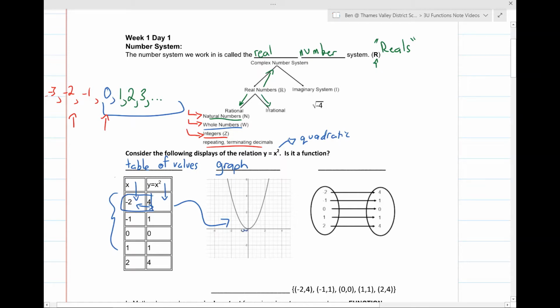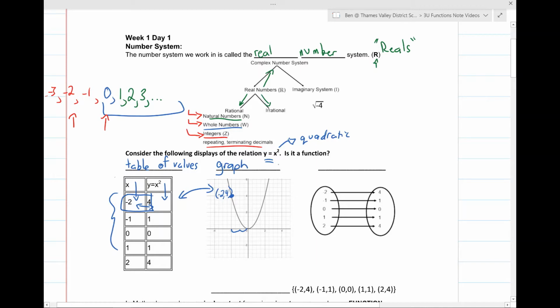So that would be -2 on the x-axis, and it would go all the way up to 4. So this point, -2, 4, we can see that it was in the table of values. It's on our graph, so we can tell as well that these are representing the exact same function.